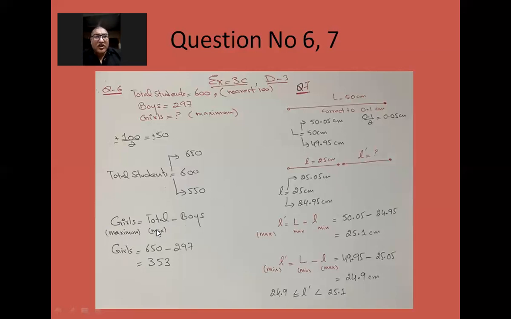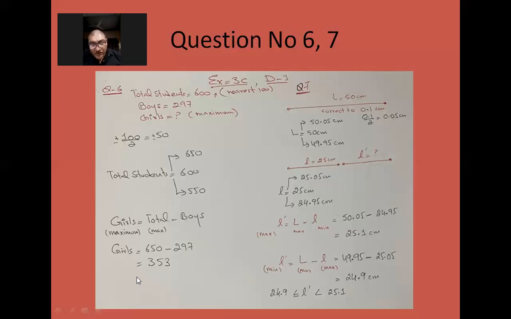So for the total, you should take the maximum possibility. So the maximum girls will be the total's maximum, 650, minus 297. That will be 353. So there are 353 girls, maximum girls possible. So that was question number 6.